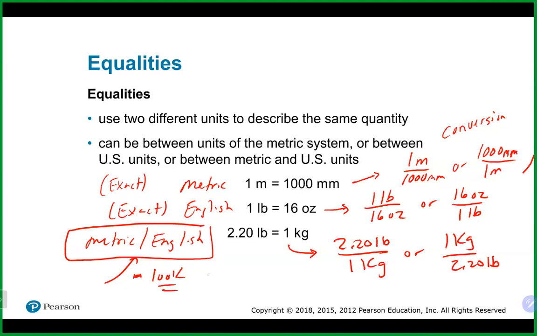There is a couple of exceptions that you don't have to worry about, but 1 inch is exactly 2.54 centimeters. So that is an exact conversion and also a metric to English sort of conversion factor. So in that particular case, you don't have to worry about that particular one. There's a couple others, but most metric to English ones, you should look at the significant figures.